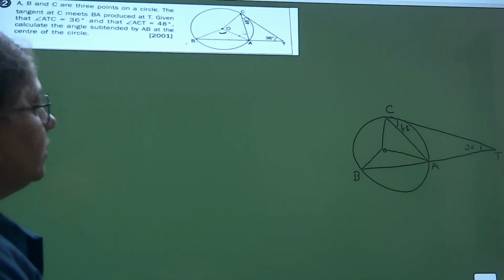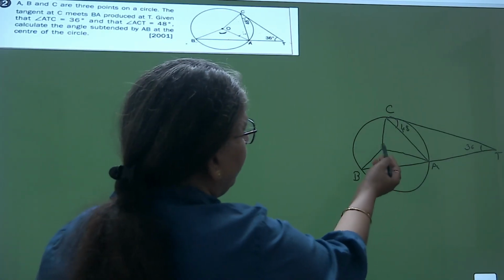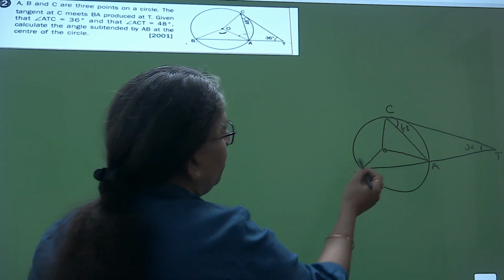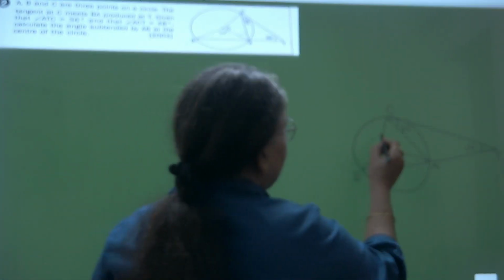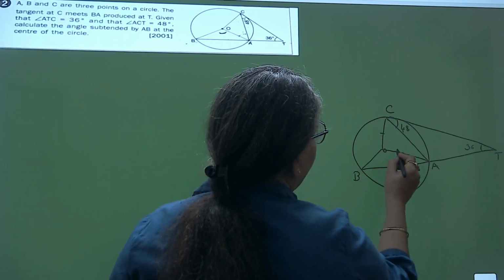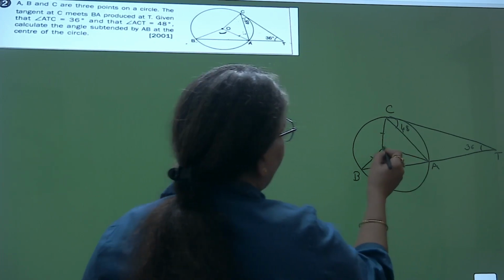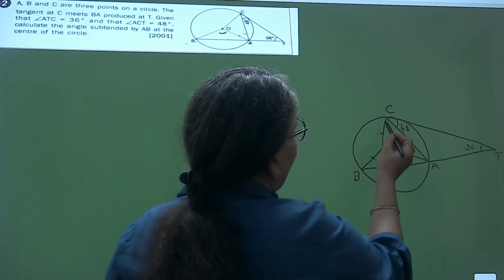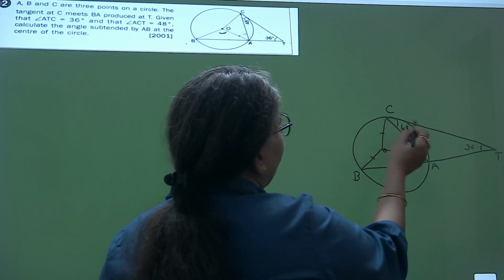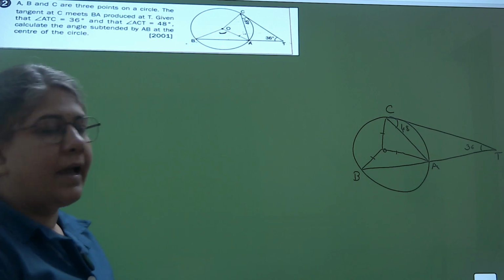Okay, so let's begin with this figure. See, OC, OB and OA are the radii of the circle. So we know radii from the center O are all equal. And the radius is perpendicular to the tangent.